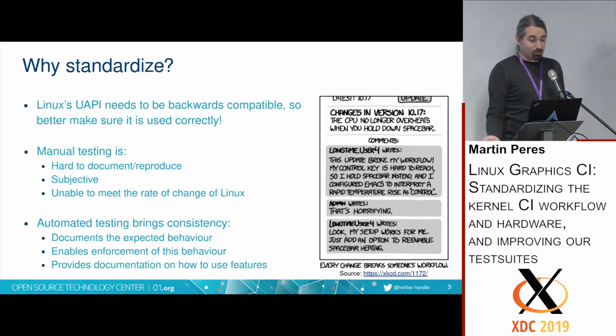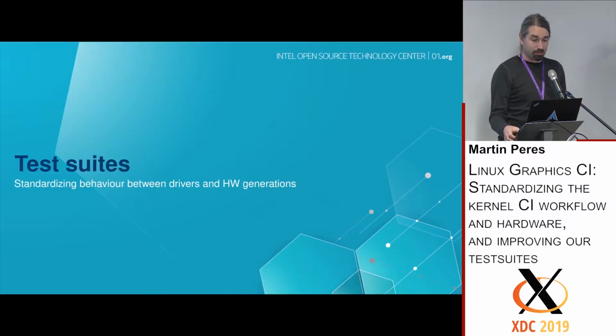It also documents the expected behavior and provides documentation on how to use the feature as expected, which helps user space to actually do the right thing. And it enables the project to enforce that this behavior keeps working in the future, which is quite beneficial. So standardization really is helping.